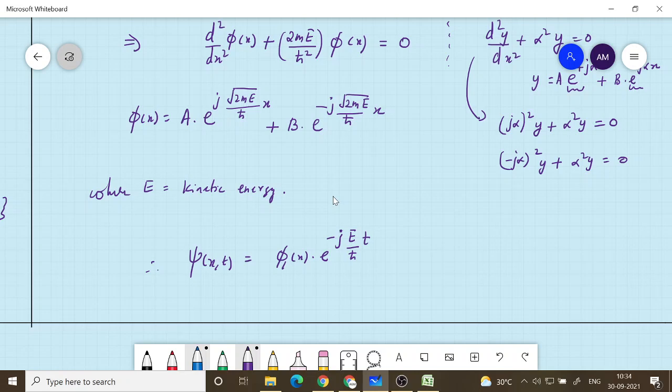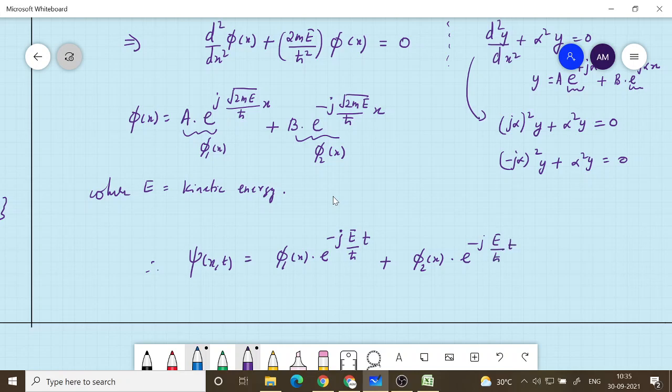So this is my phi 1, and this is my phi 2, and I can write this plus phi 2 of x into e raised to minus j E by h cut t.